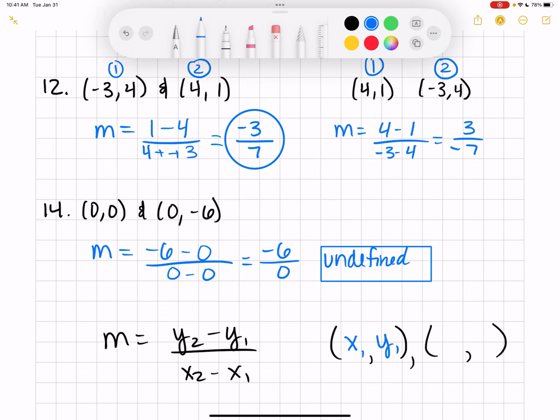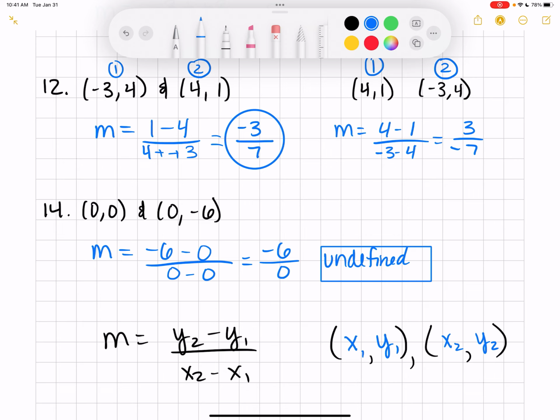That's why I showed up here that it doesn't matter which point we call which thing. The other point is x2 and y2. And I could flip them back and forth all day as long as I consistently call this point number 2 and this point number 1. It doesn't matter which, you know what I mean? Does that help? Yeah. Okay, I just didn't know how.